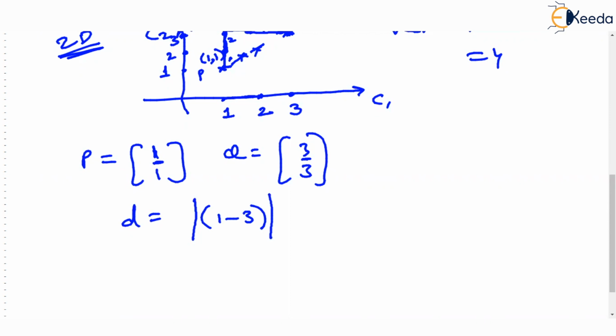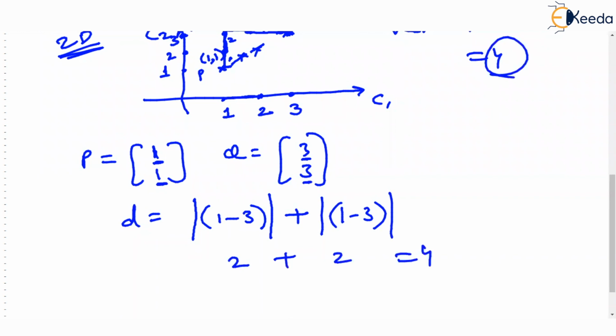Absolute value will always give a positive or unsigned result. So actually 1 minus 3 is minus 2, but the absolute value of minus 2 is plus 2. Then add this to the subtraction of the second component with the second component. So it will be again 1 minus 3, but absolute value. So the first absolute value is 2, the second is 2, that's 4, and really the distance was 4.